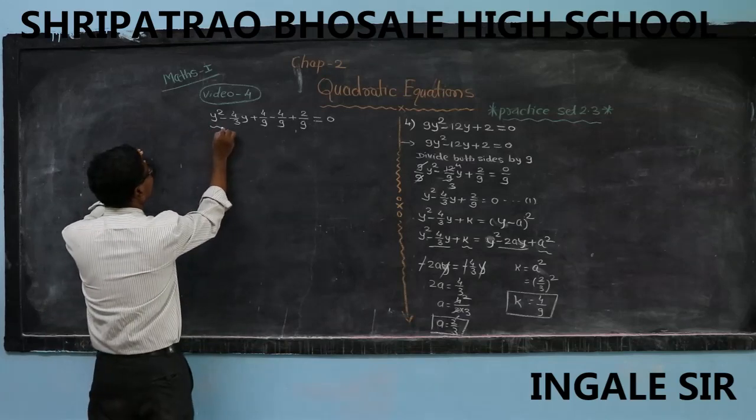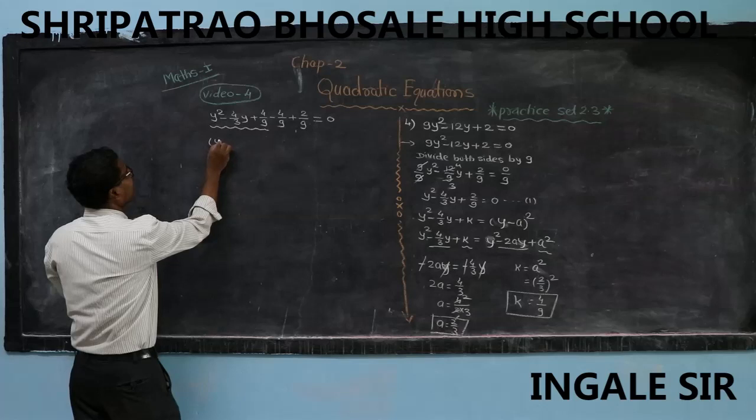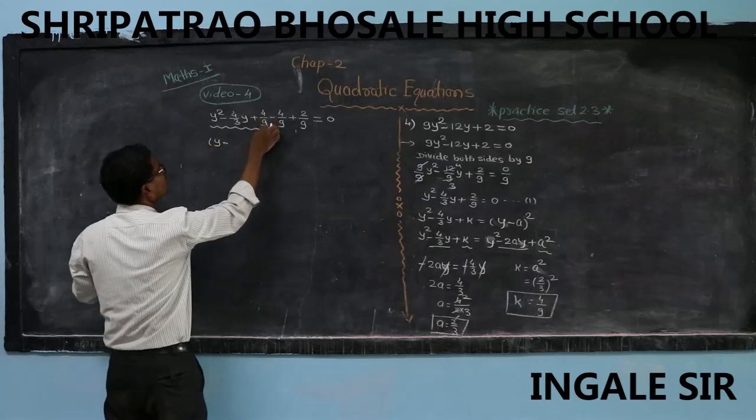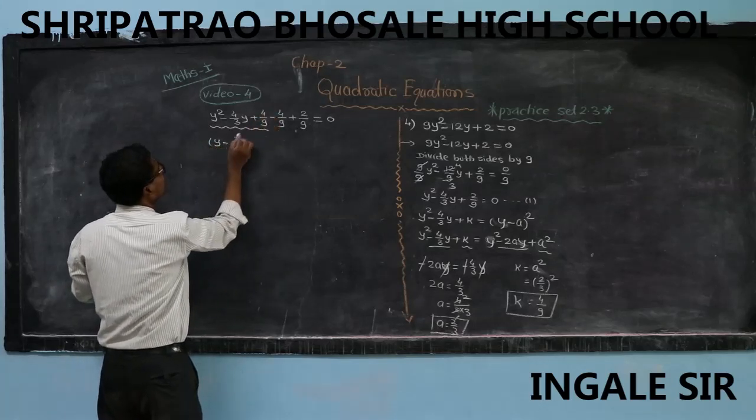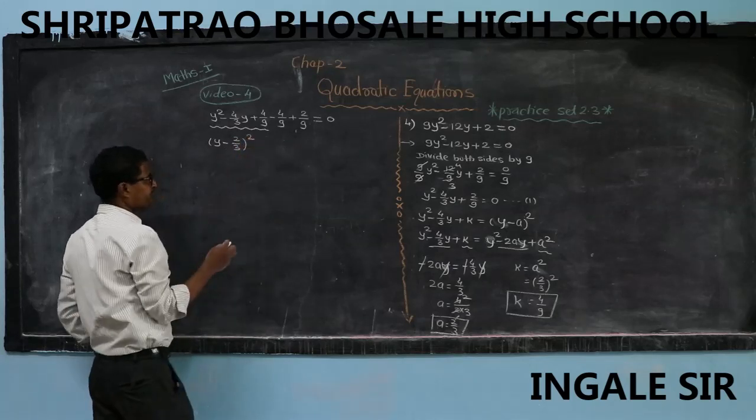Now this is the perfect square trinomial. So here y minus the square root of 4 by 9, which is 2 by 3, bracket square.